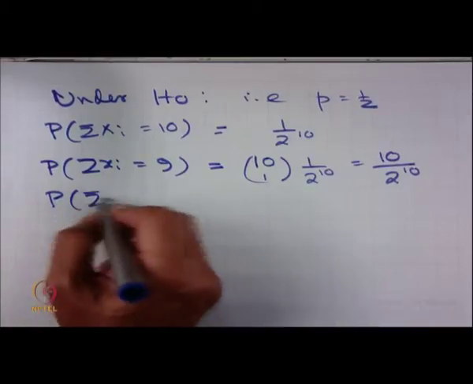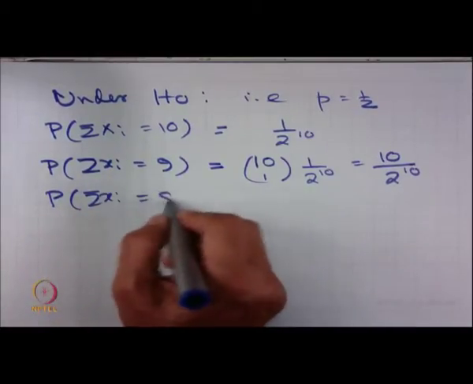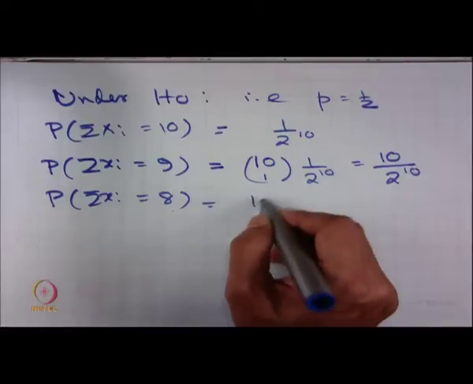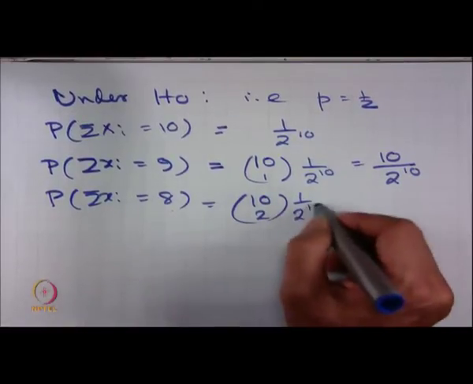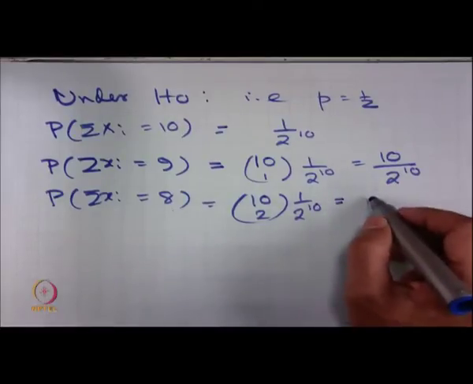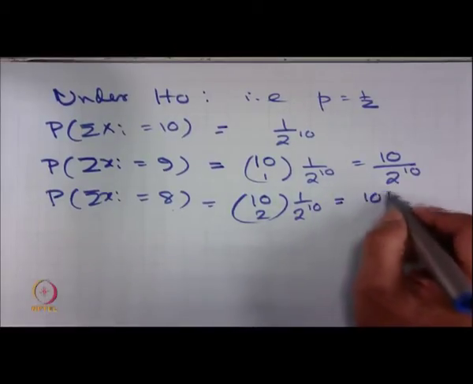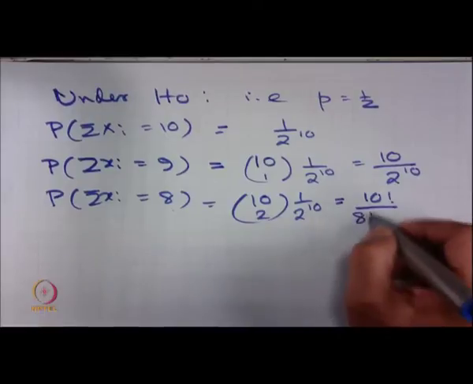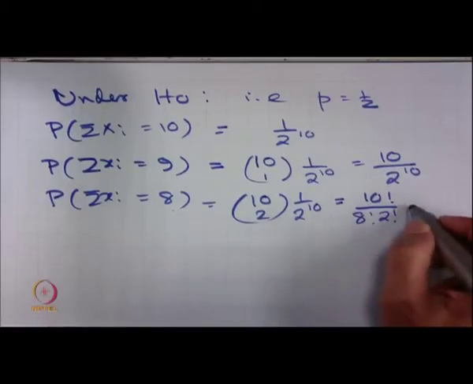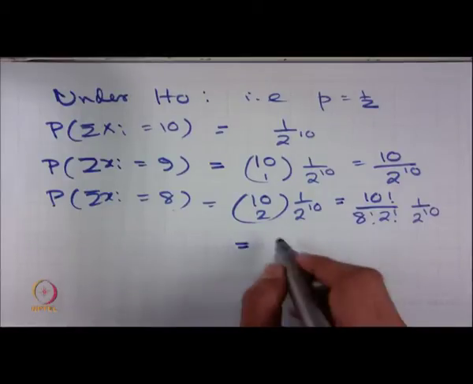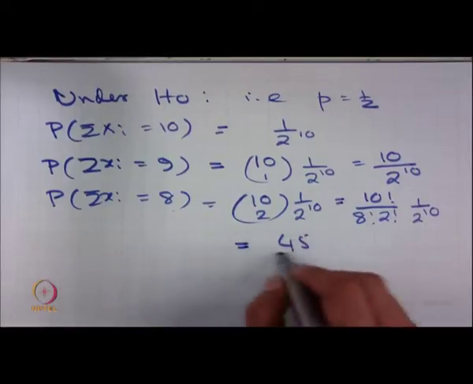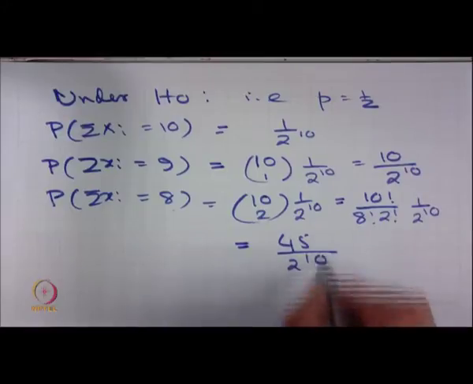Probability sigma xi is equal to 8 is equal to 10C2 (1/2)^10, which is 10 factorial upon 8 factorial 2 factorial into (1/2)^10, that is 45 upon 2^10.